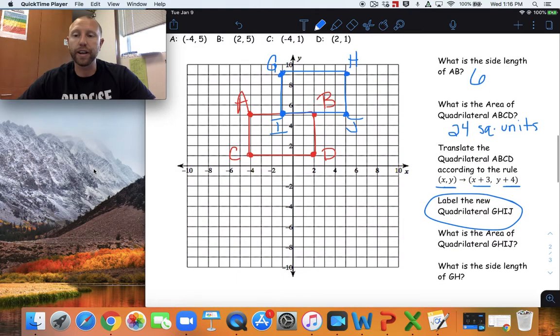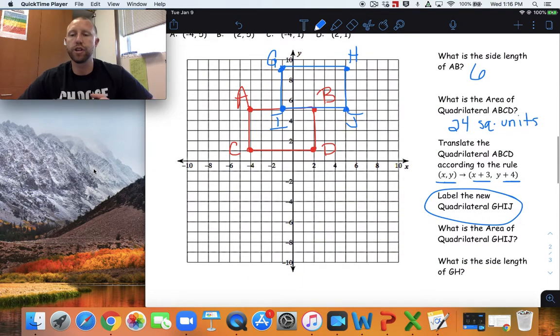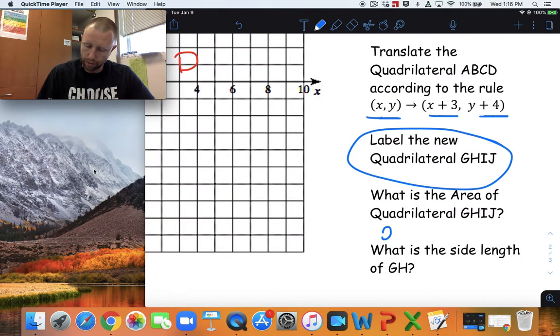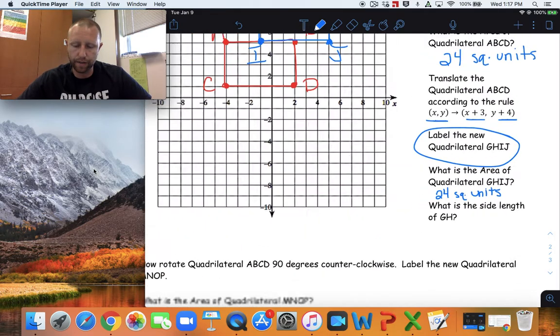All right. What is the area of quadrilateral GHIJ? We know that area, when we are translating a shape, stays the same. So I'm going to put, again here, 24 square units. What is the side length of GH?